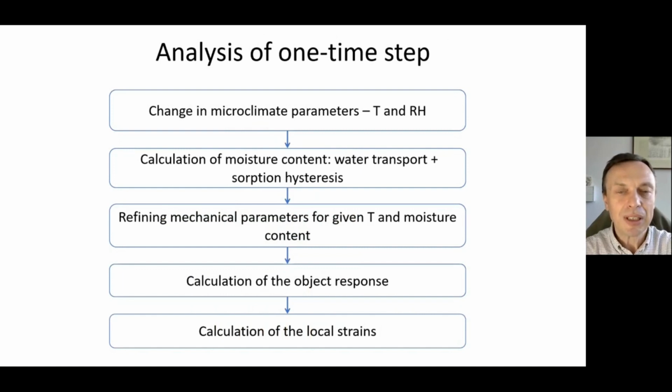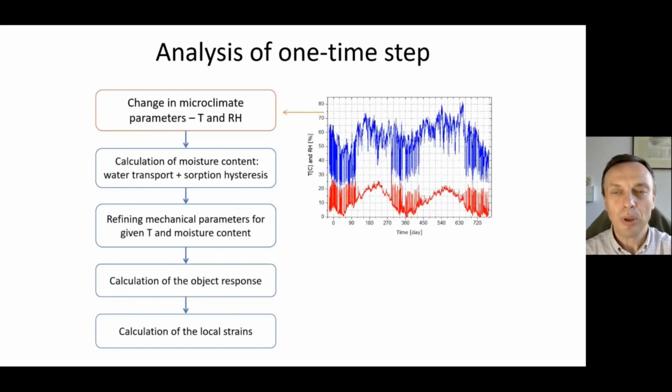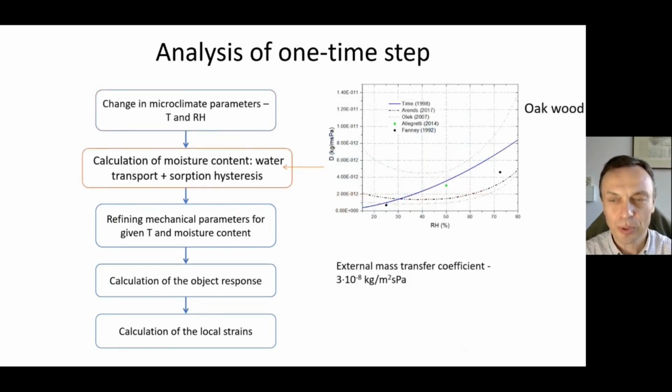And there are three distinct steps in the modeling, and I will try to explain each of them. So we upload the environmental data, and for each time instant we read out temperature and relative humidity. For that, we calculate the moisture transport, and here you can see the diffusion.